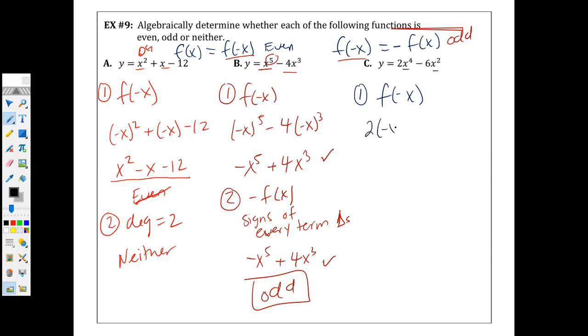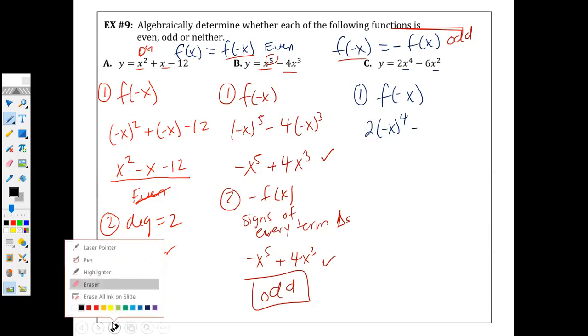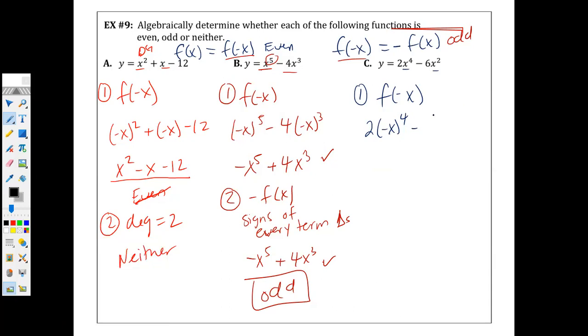So we have 2 times negative x to the fourth minus 6 times negative x squared, right? A negative times a negative times a negative times a negative is going to be a positive. So we have 2x to the fourth. Same thing here. A negative times a negative is a positive. So this is going to still be minus 6x squared.